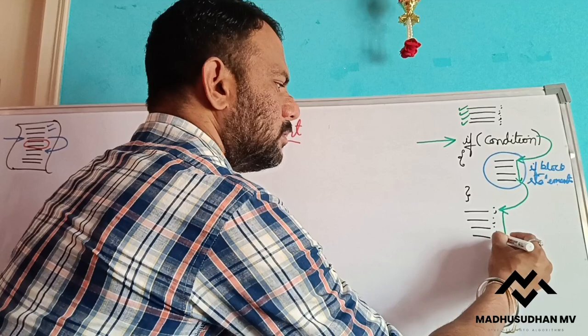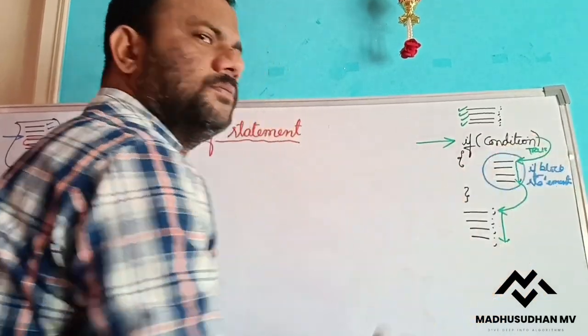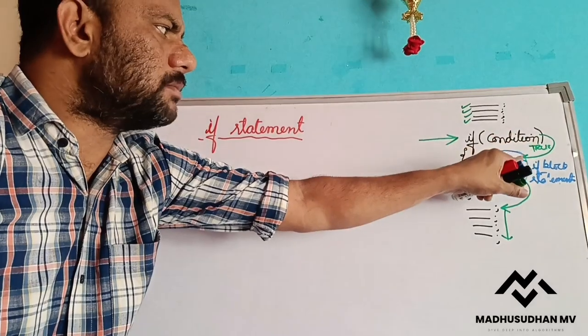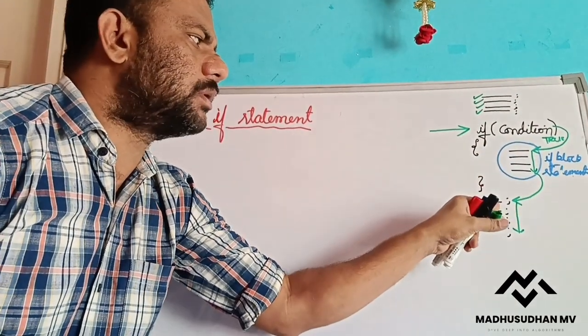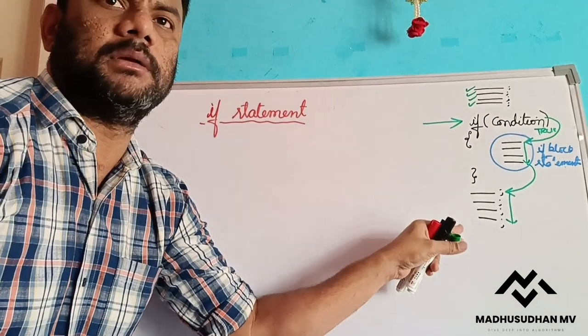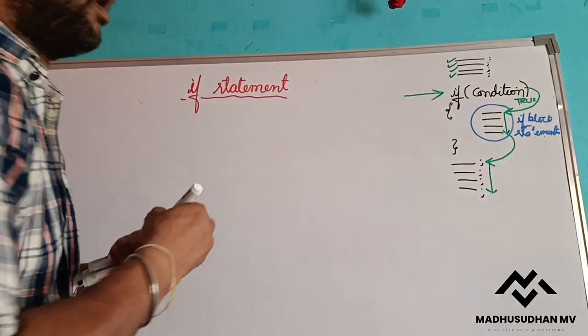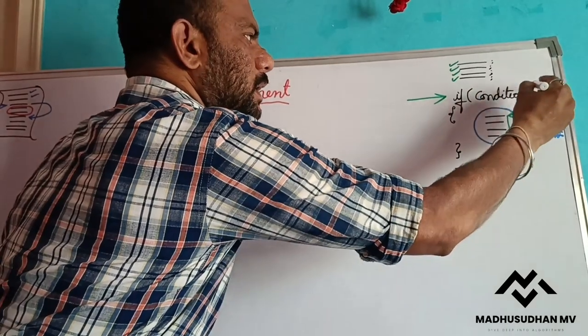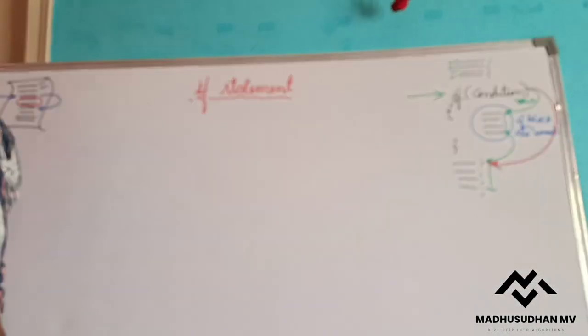This is when the condition is true. Suppose the condition is false, now control comes directly to the first statement outside the if block.